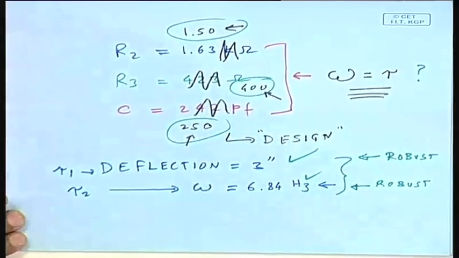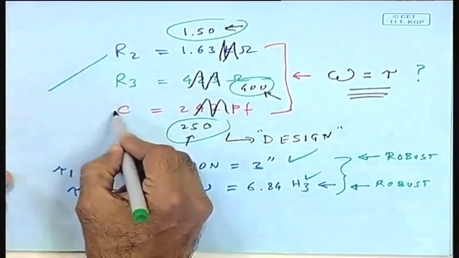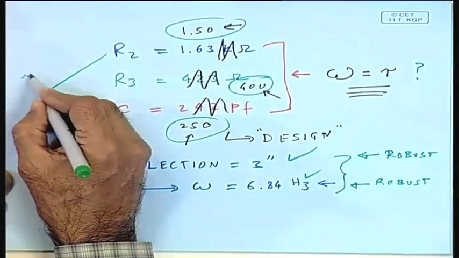This is what has been plotted here, and here what we have done, we've chosen R2 and C in such a way that we get the 2 targets, tau 1 and tau 2.